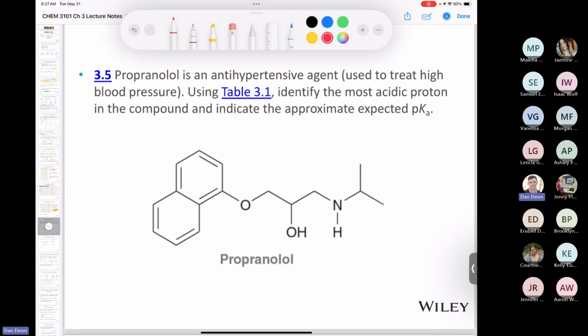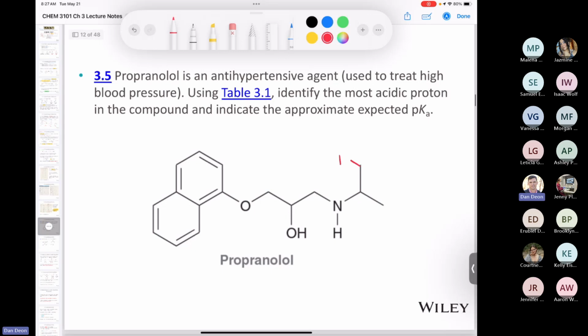There's not that many types of protons in here. You have protons between sp3 hybridized carbons and hydrogen, like this one, or on this carbon, or this carbon. These are all sp3 hybridized carbons that I'm circling here. There's no other ones. So the pKa of this is going to be around 50.